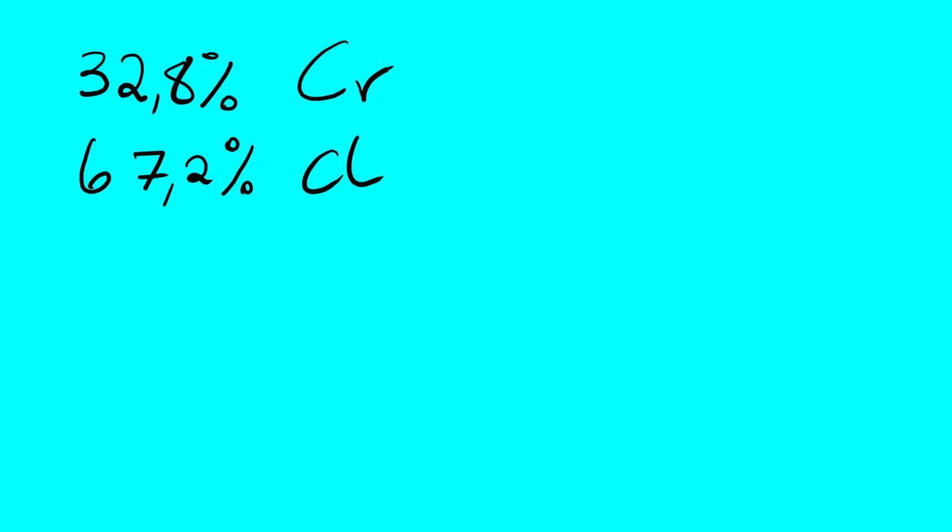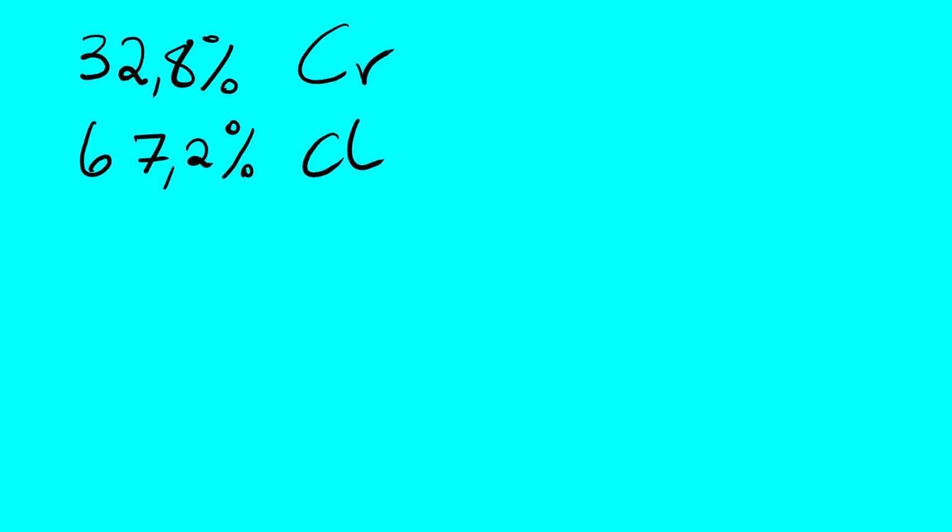Our second example, you can see that our masses are given in terms of percentage. The question is saying find the empirical formula for a compound which contains 32.8% chromium and 67.2% chlorine. Now how do we do this? 32.8% of chromium is the same as 32.8 grams of chromium.